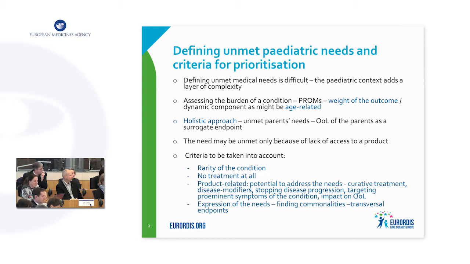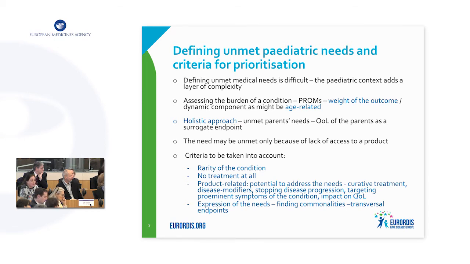Then, because we are considering the pediatric population, one important point is that this unmet need might have dynamic components. It might be dynamic because of the progression of the disease, but I do think there is a component of age-related expectations and needs, which has been shown by some studies already.